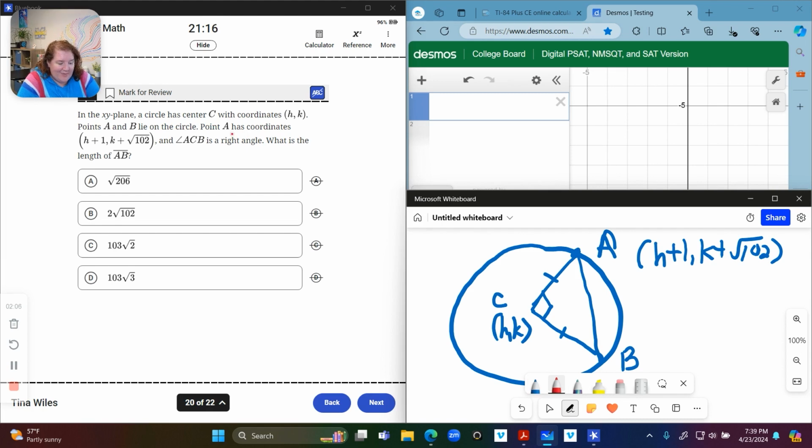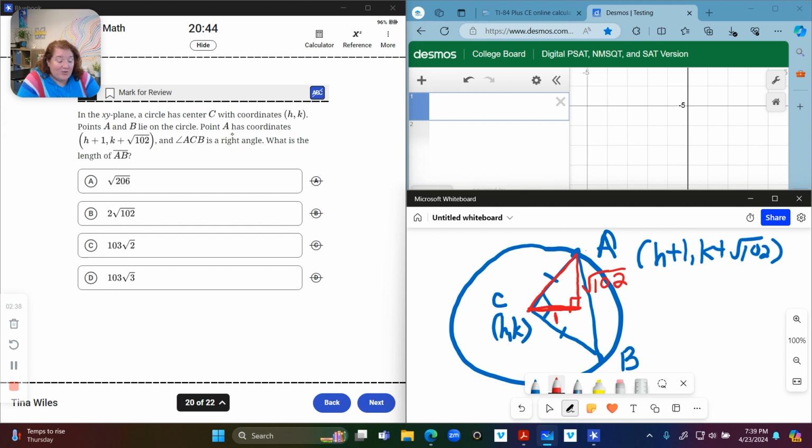If I'm thinking about this as an XY coordinate plane, if I draw a triangle like this, the x coordinate for this is going to be h + 1. So that means it's just 1 long, because I'm taking whatever this was and adding 1 to get to this in the x direction. In the y direction, I'm taking that k point, which was the center of the circle, and I'm adding the square root of 102.